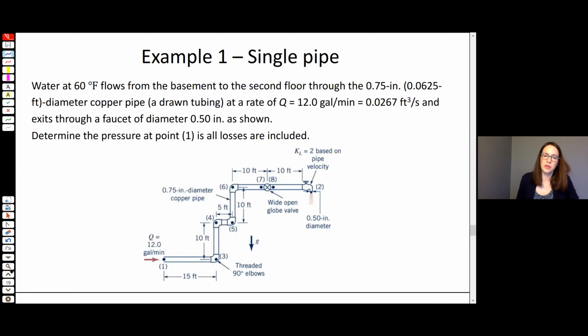All right, so let's go ahead and find the velocity throughout most of this pipe system. The diameter is 0.75 inches through the entire system except at the exit. So we'll call that velocity in most of the system V1.